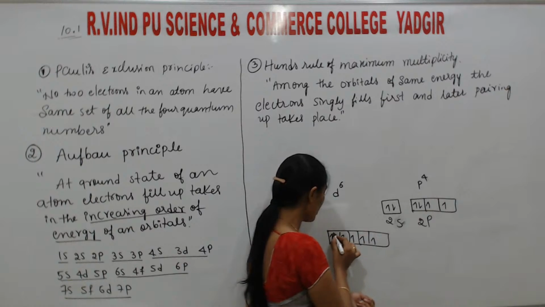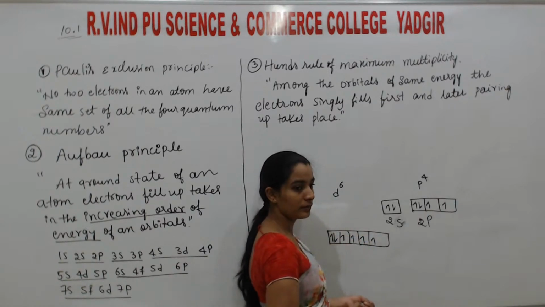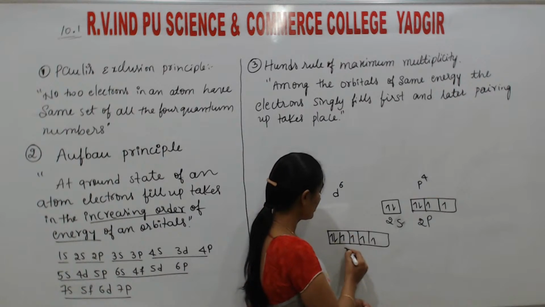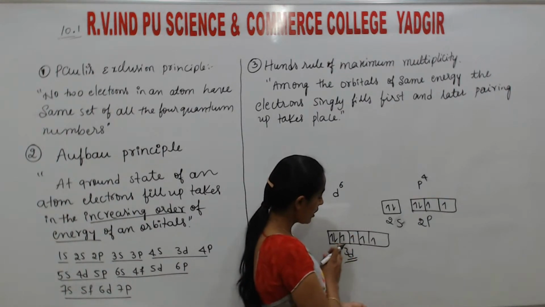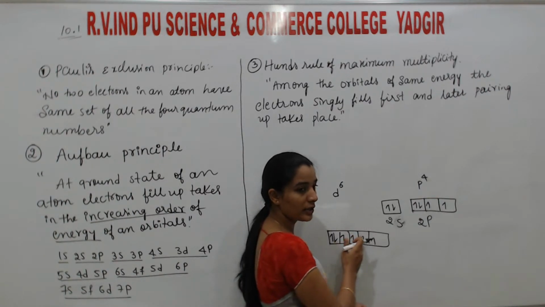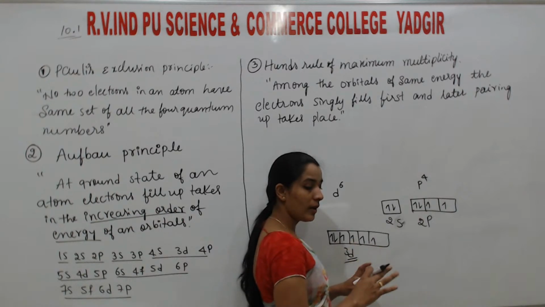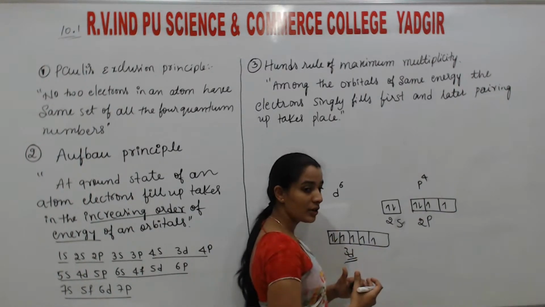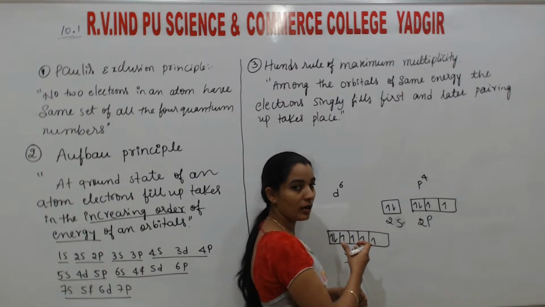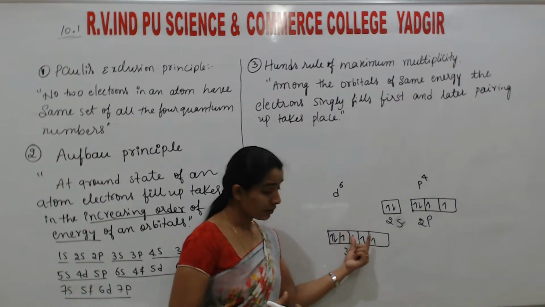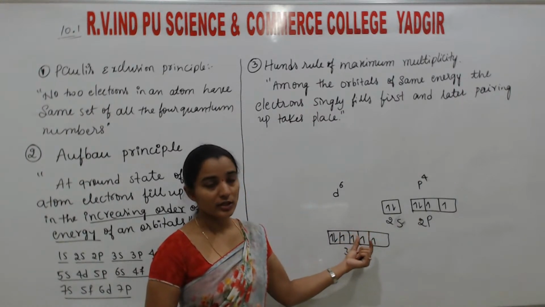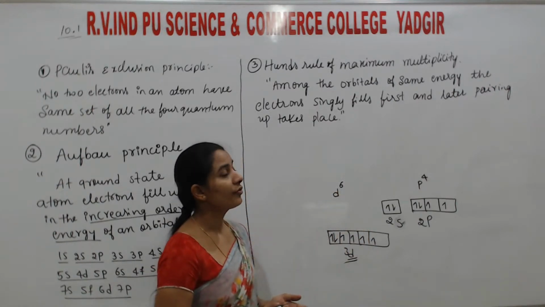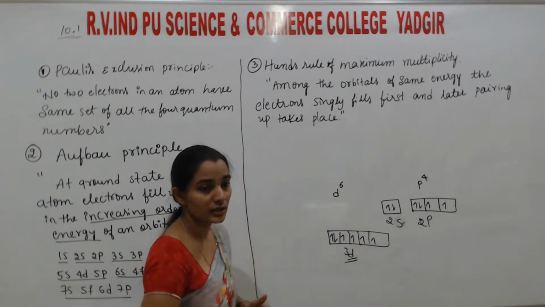Later, the 6th electron is paired up here. Because these are 3d orbitals, all are 3dxy, 3dyz, 3dzx, all are of approximately the same energy. Understood? If they have the same energy, then the electrons are initially singly filled, followed by pairing. So this is Hund's rule of maximum multiplicity.